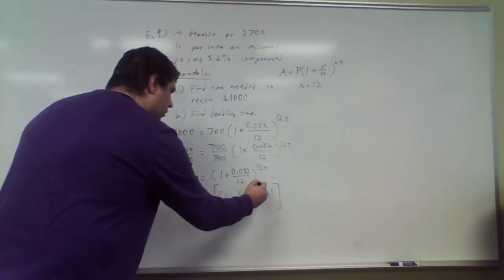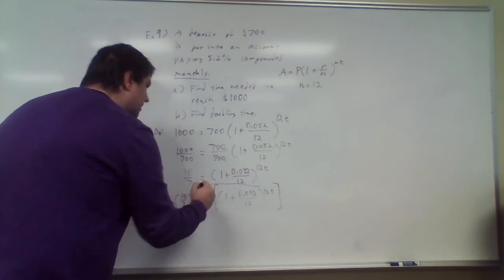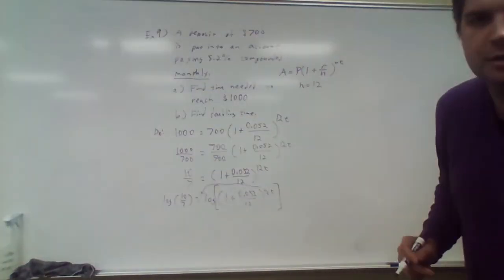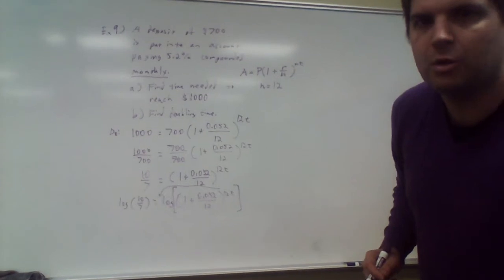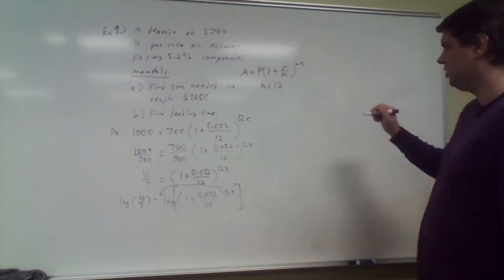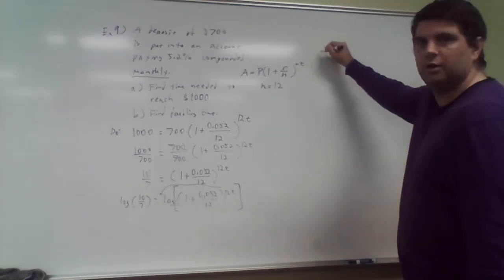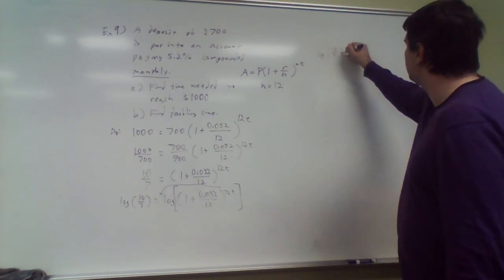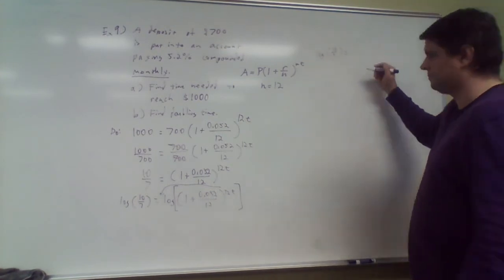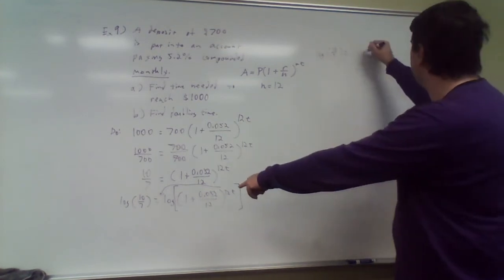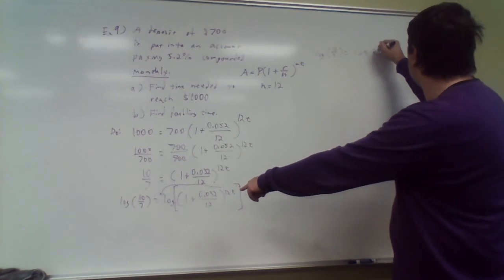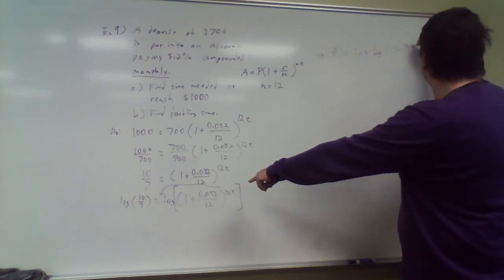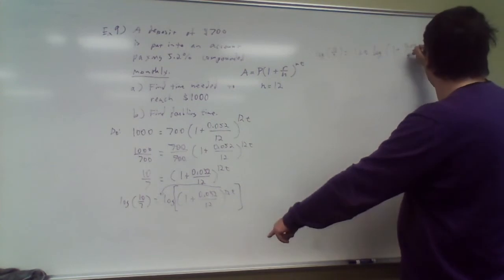And that's going to allow you to take the 12t to the front. I'm going to try to move the podium a little bit. So, log of 10/7 equals 12t times log of 1 plus 0.052 over 12.